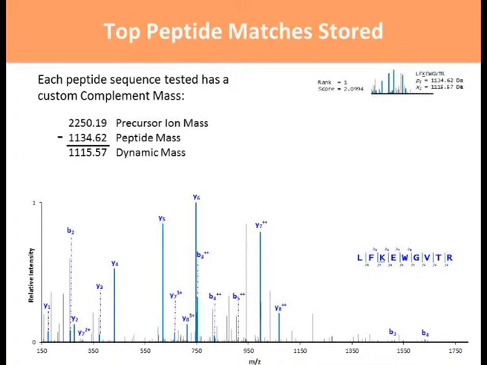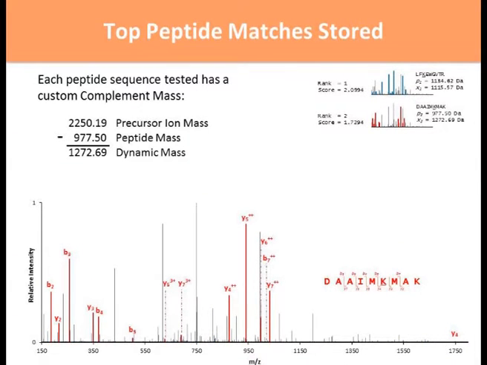Those matches produce a score, and this information is stored in a list so that when we move to the next peptide, with a different sequence, different peptide mass, and different dynamic mass that needs to be placed as a modification on this lysine here, which we assume to be cross-linked, it produces a different B and Y ion profile and different matches to the spectrum with a new score here. The score is lower than the original peptide we looked at, so we give this one a rank of 2 and we add it to our list.